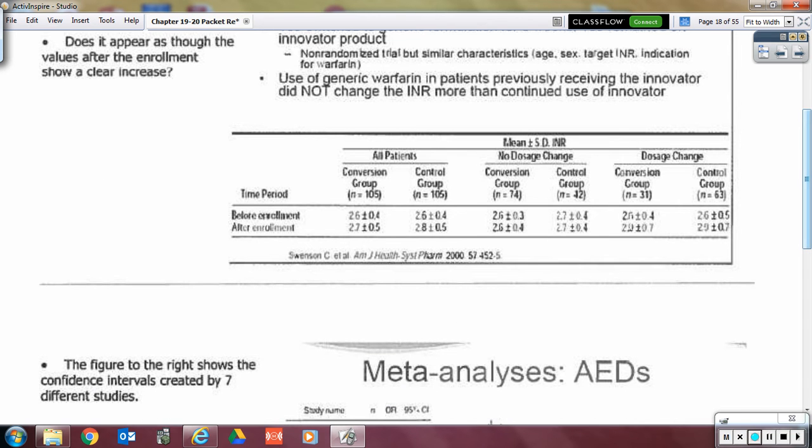So I want you to take a look. Look down here at this bottom section. Do you see all of those little confidence intervals? Every single time, for example, let's take a look at this one right here. This first one says 2.6 plus or minus 0.4.